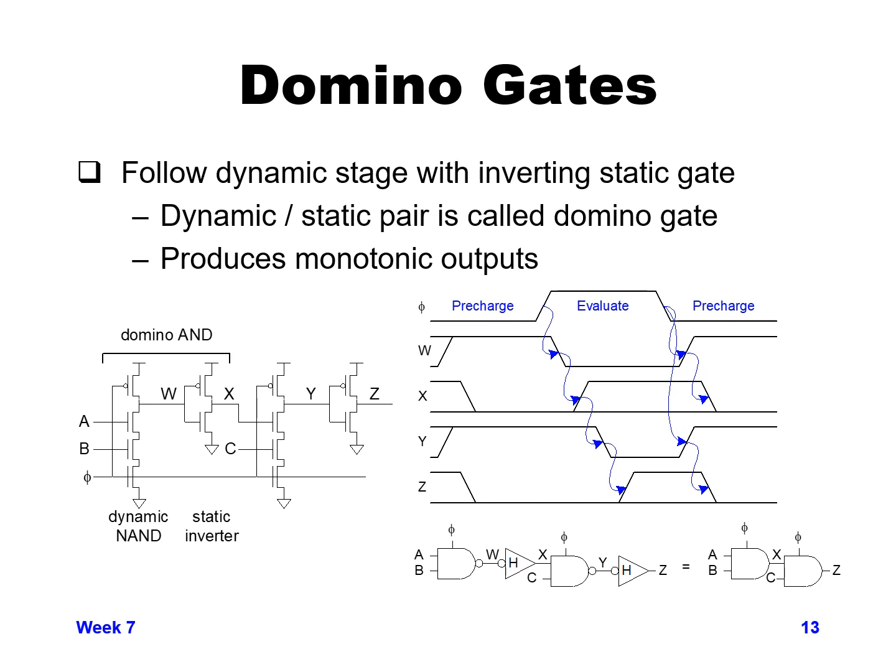So as long as you use a dynamic static pair, considered to be a full domino gate, and that static stage is inverting, then it's always legal to follow it by another domino stage. And this will always produce monotonic outputs.